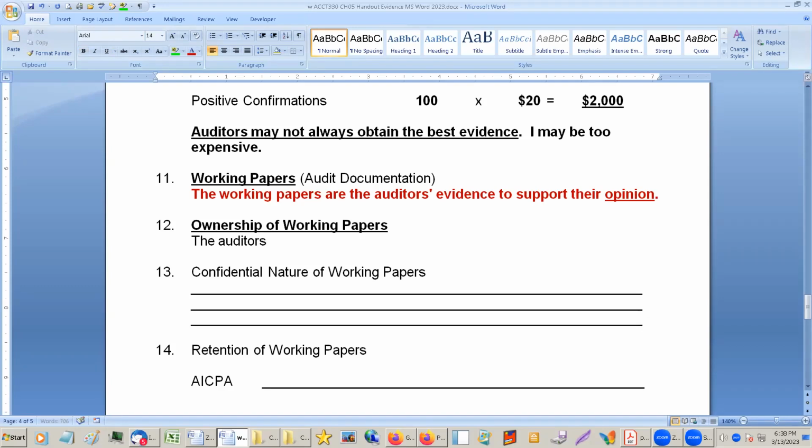The auditors own the working papers. The client does not have a right to the working papers.